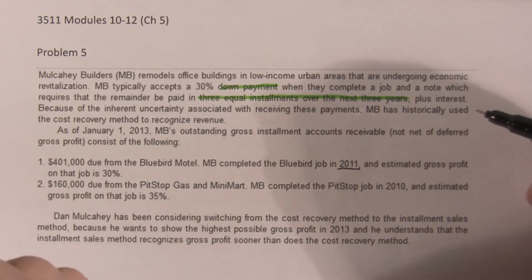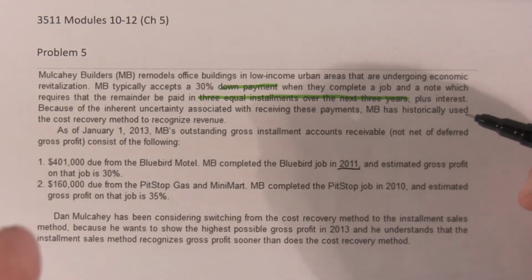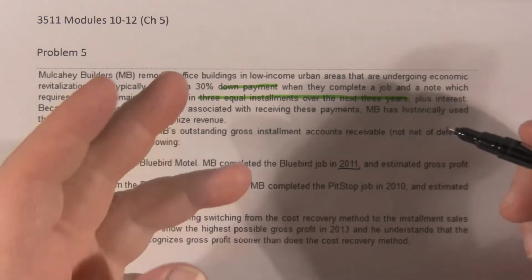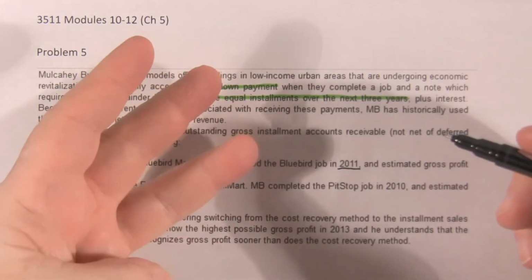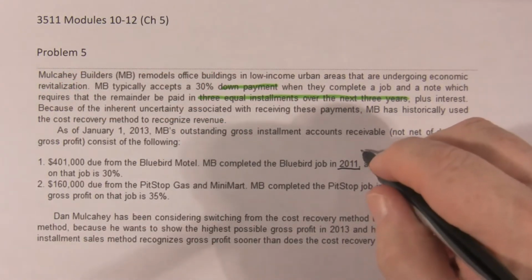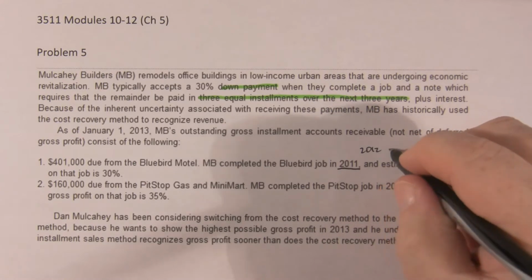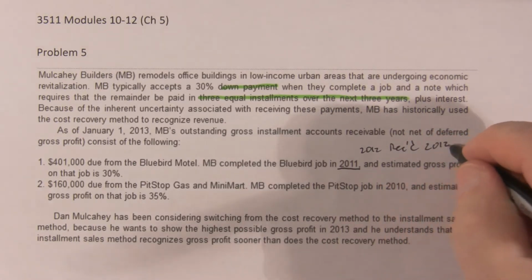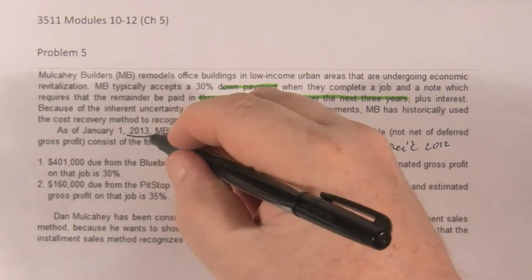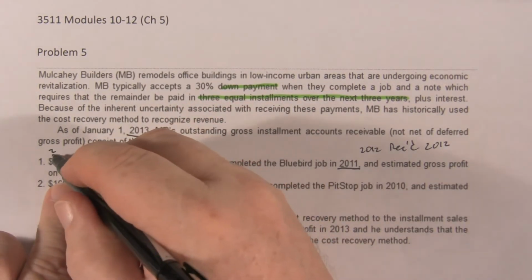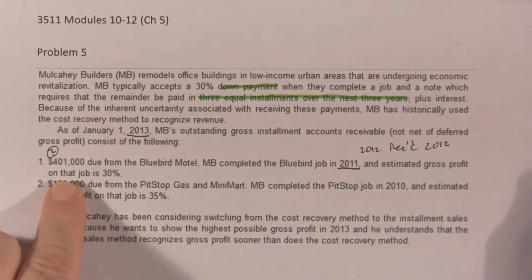So we got a payment at the beginning. Then after it's finished, we get them to sign a note for 3 additional equal payments. So we got one in 2012. We received that payment in 2012. This is 2013. There's 2 payments left.